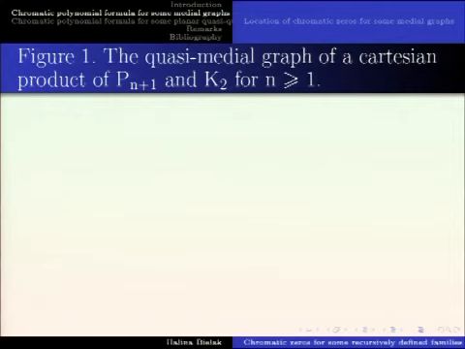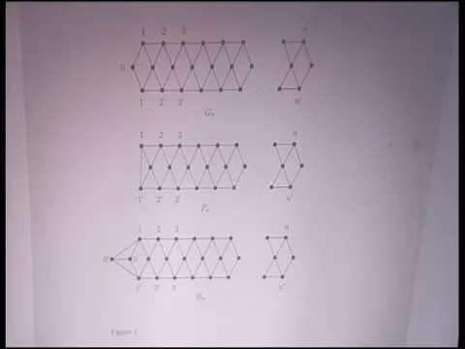In fact, I have here 3 kinds of graphs: G sub n, F sub n, and H sub n. The first graph on the top of this figure is a medial graph, as you see, of the Cartesian product of the path of order n+1 and the complete graph of order 2.